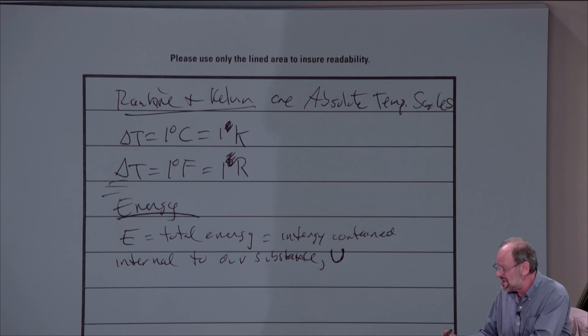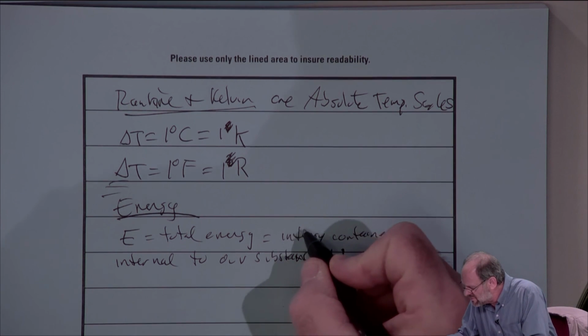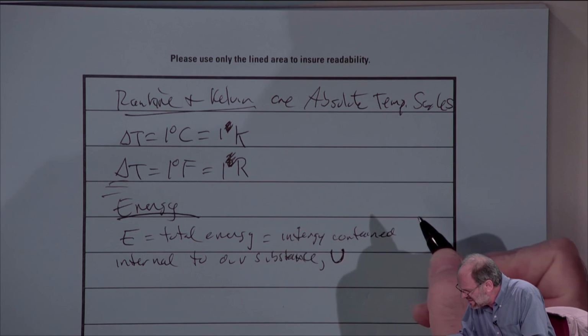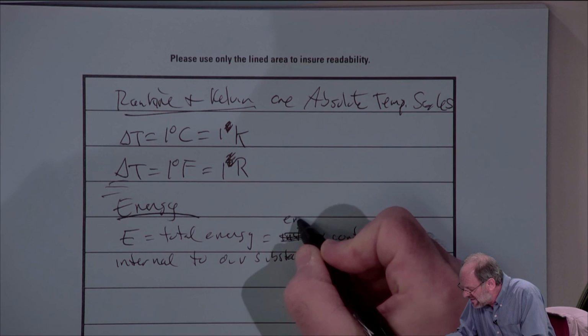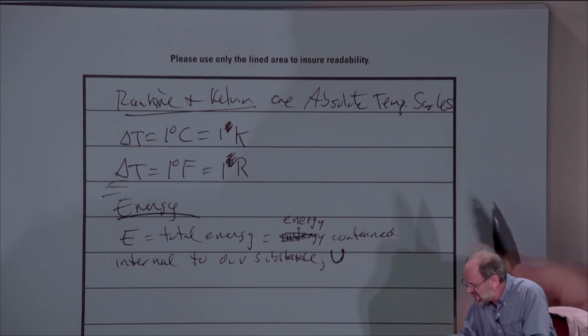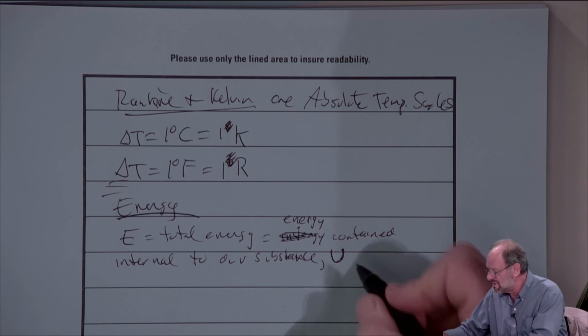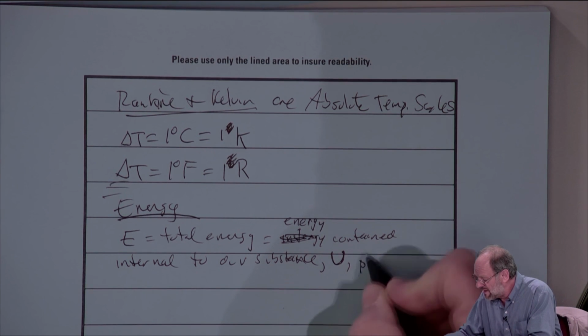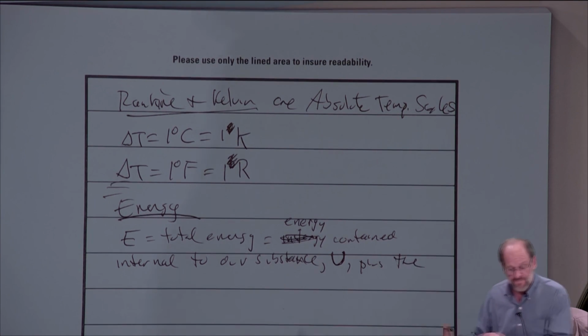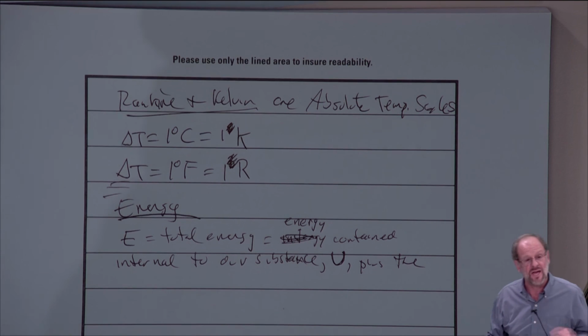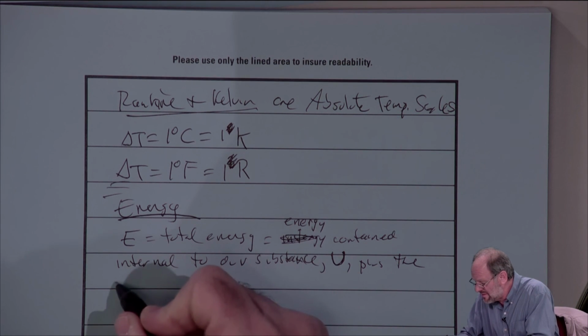So the total energy is the energy, oops, I put a T there. This is the energy contained internal to our substance, U, plus the energy due to outside forces or motion.